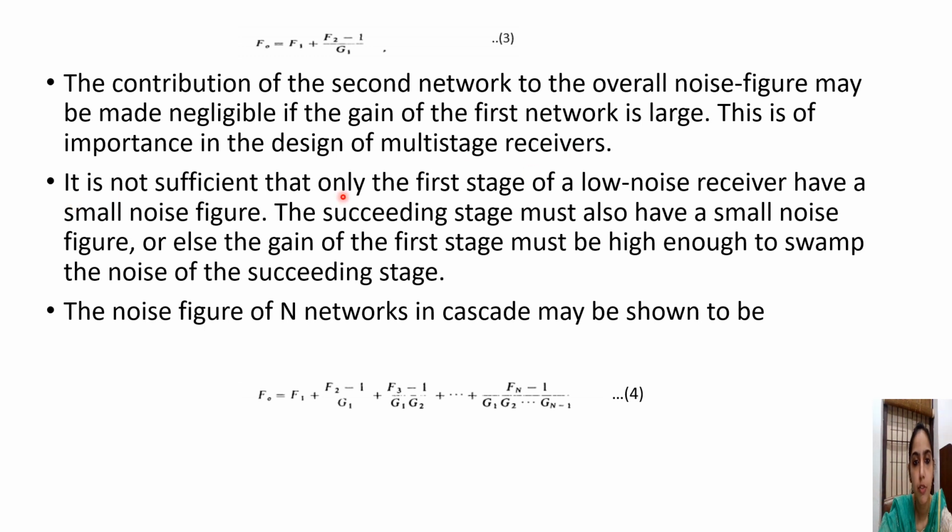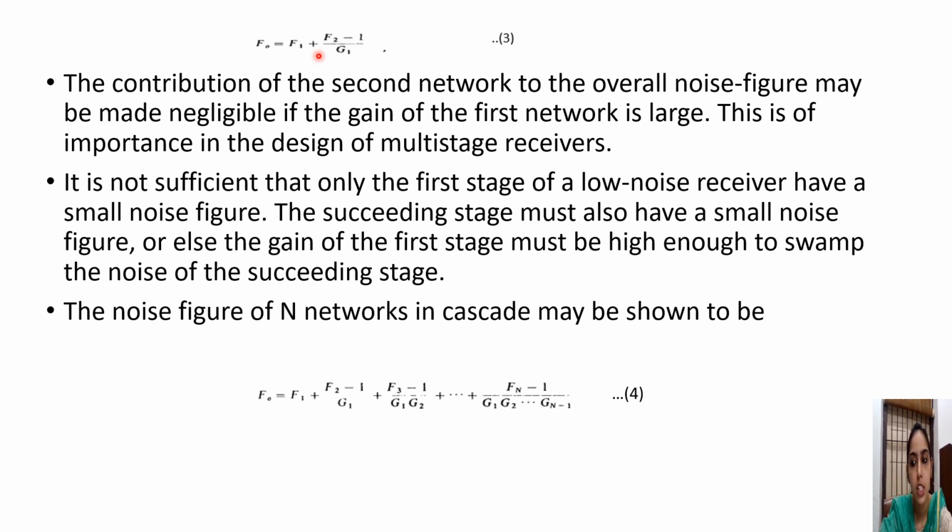It is not sufficient that only the first stage has a small noise figure. Succeeding stages also should have low noise figures. Or otherwise we can say that the gain of the first stage, when we are designing a multi-stage receiver, should be very high. Then it will overcome or swamp the effect of the noise of the succeeding stages.